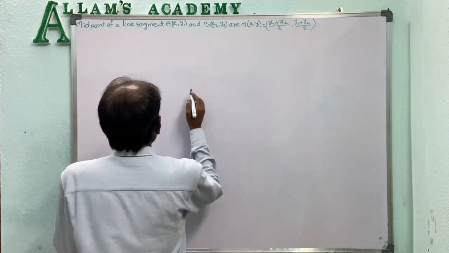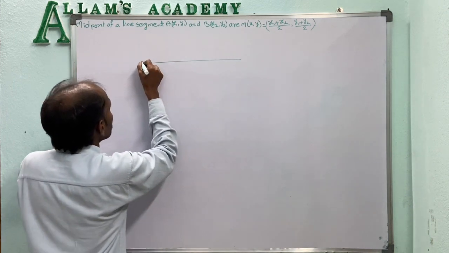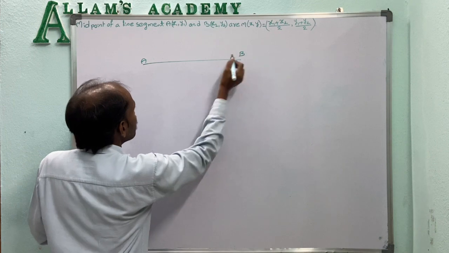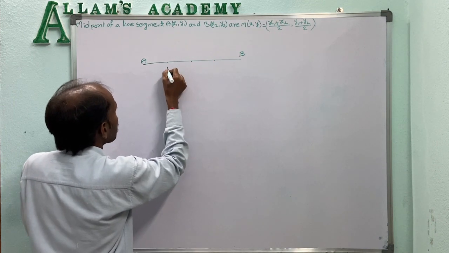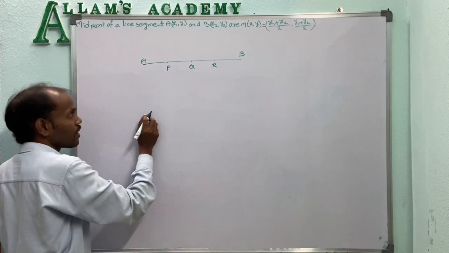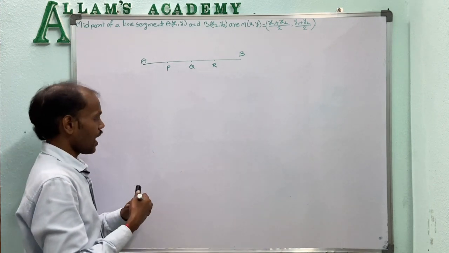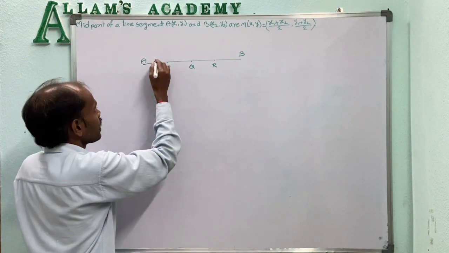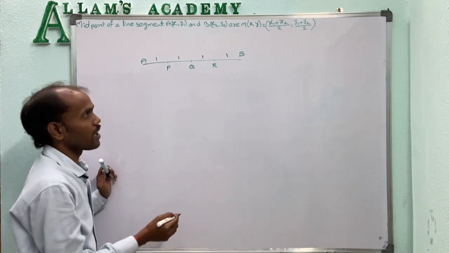Now if we observe a line segment AB divided into four equal parts by the points P, Q, R, then we have 1, 2, 3, 4 equal parts. So the ratio AP to PB is 1:3.